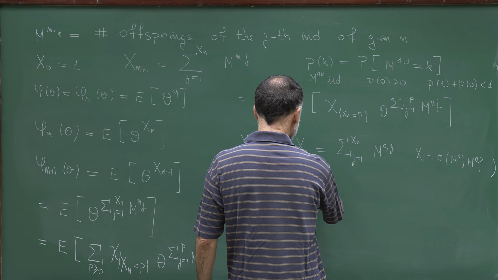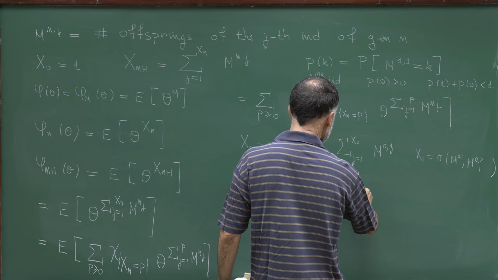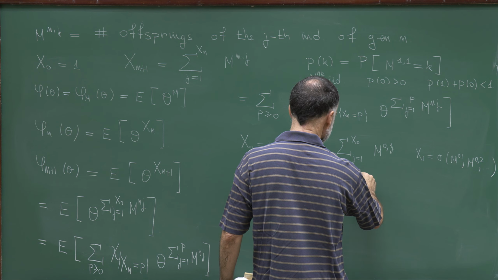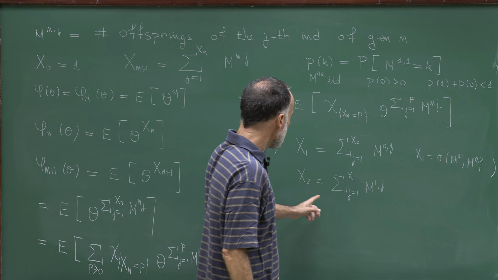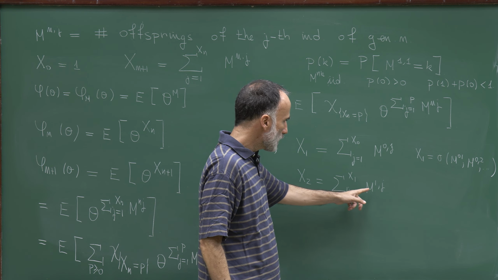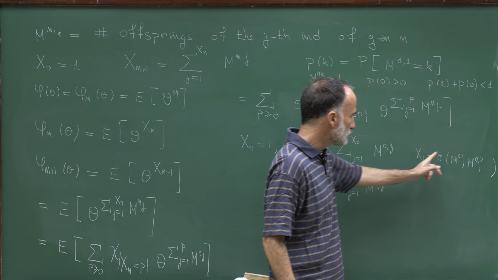Now, if I want to define x2, what I want is the sum from 1 up to x1 of m1j. So x2 is a function of x1 and a function of the variables m1j. But x1 is a function of these variables.